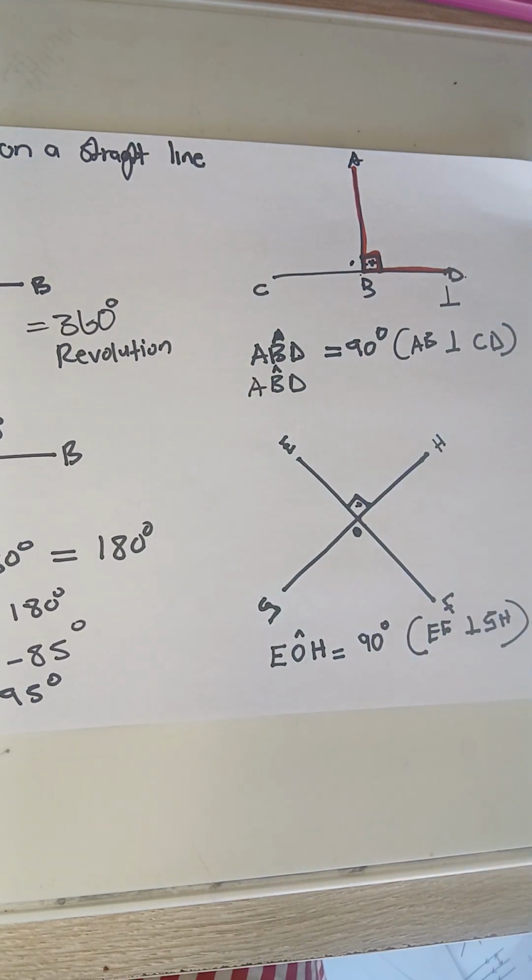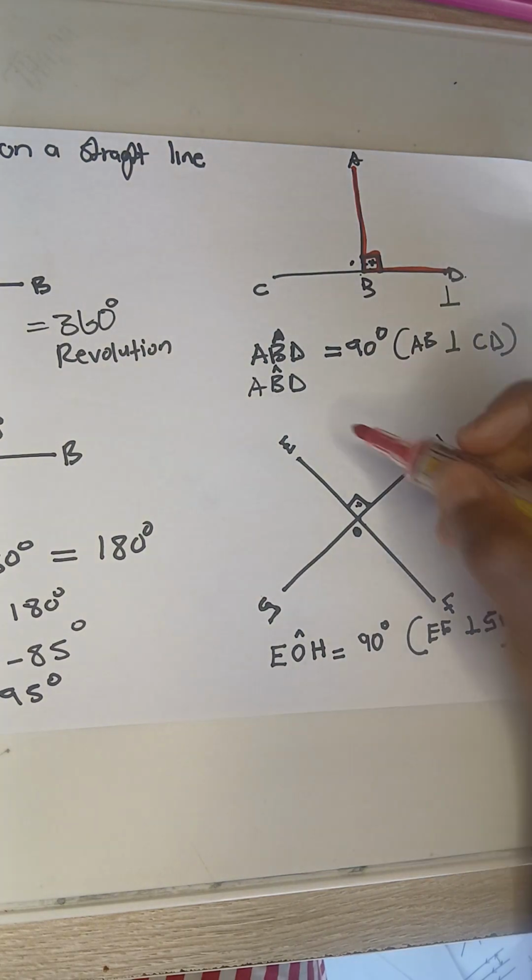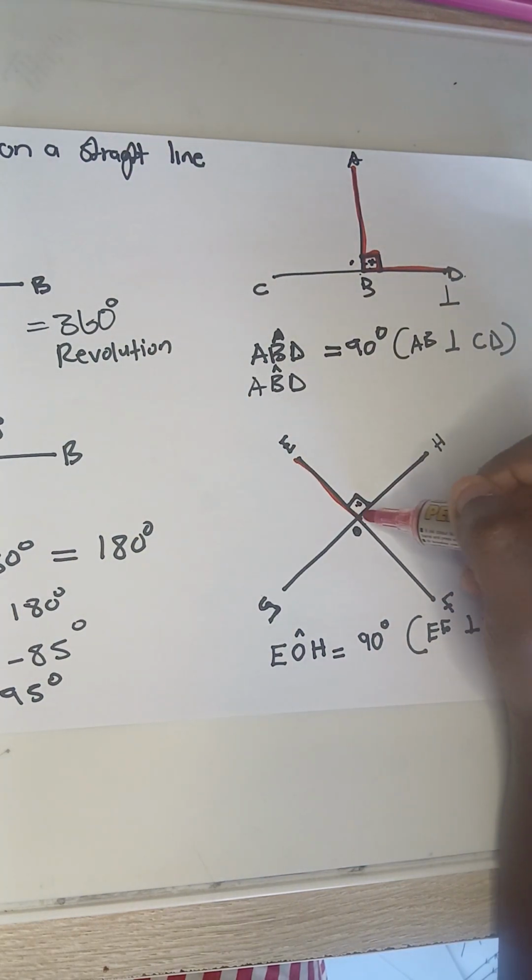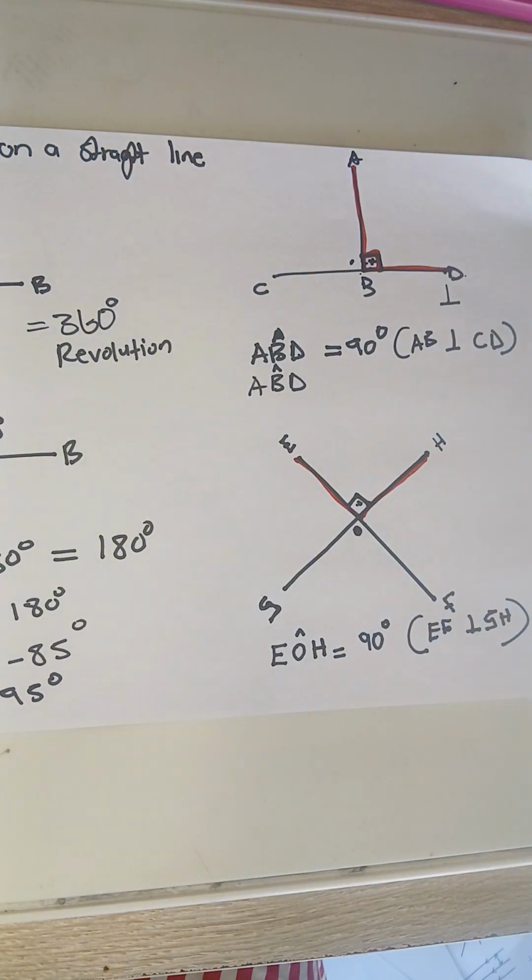This is grade 9 work. Please do not undermine these things, because the reason why many people are struggling with Euclidean geometry is that they come to grade 11 without knowing these basics.